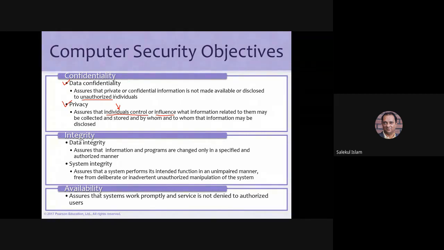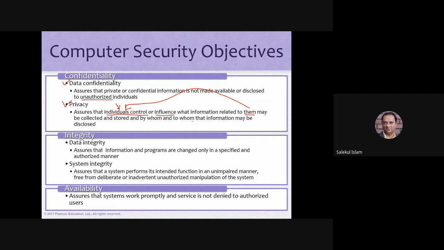So there will be some individual control or influence over what information related to them, meaning the owner of the data, may be collected and stored, and by whom and to whom what information may be disclosed. Okay, so that is called privacy.